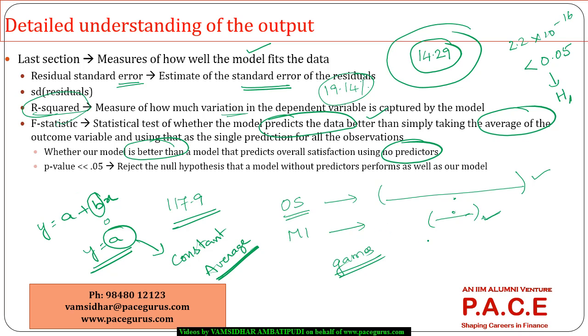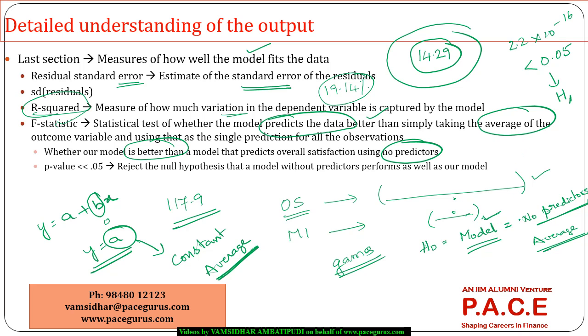The null hypothesis is that the model is not good: the model we have fitted is the same as a model where no predictors are there, and the simple average of the data is no worse than the model we have created.